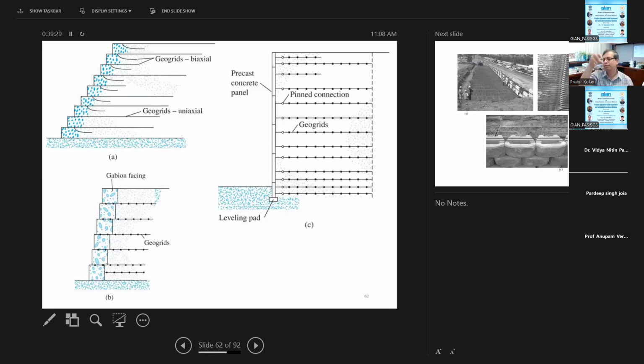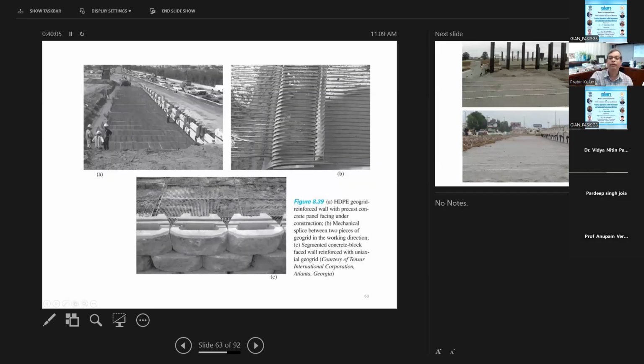So this is a geogrid, and this is how the facing wall looks like, the concrete, and then fill it with sand or gravel material and then put a layer of geogrid or geotextile on the facing wall.